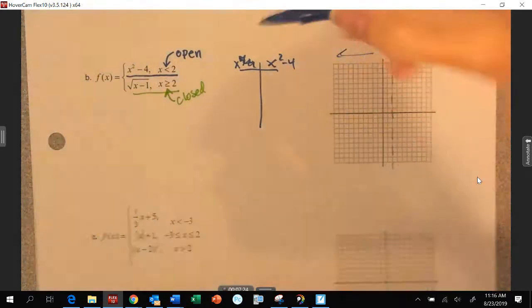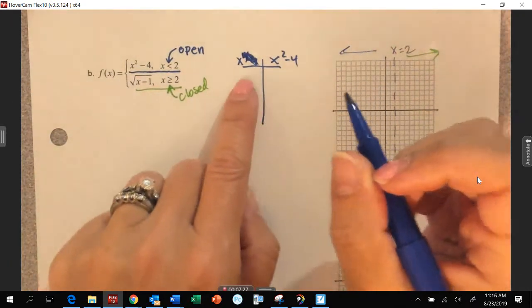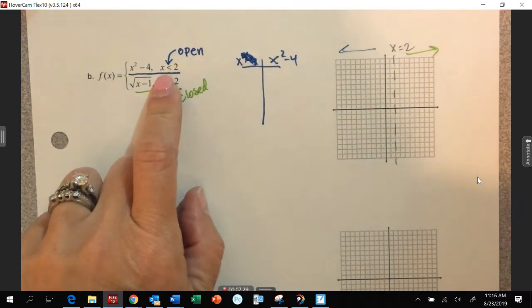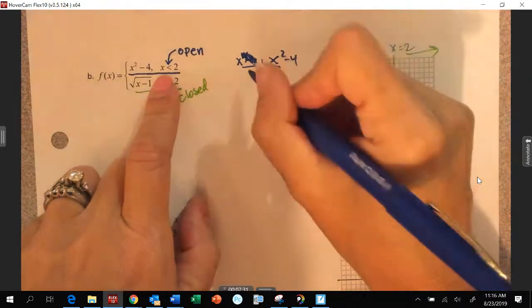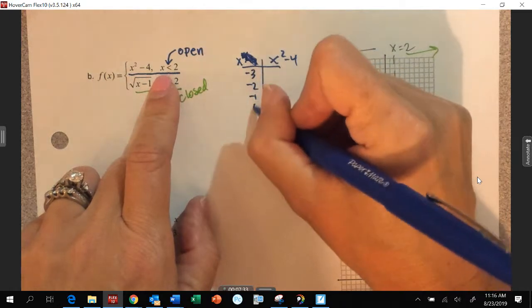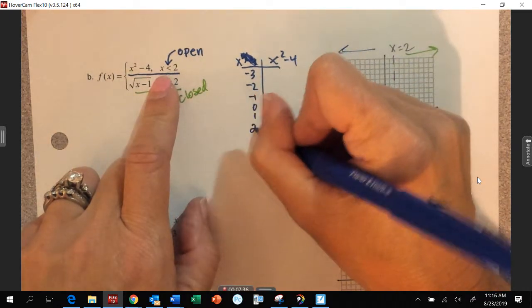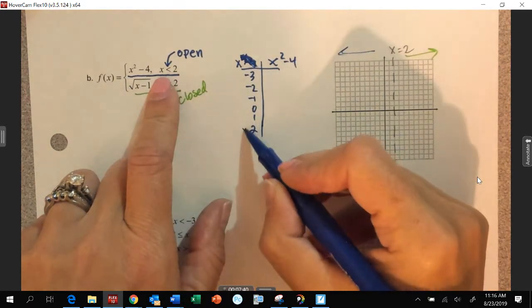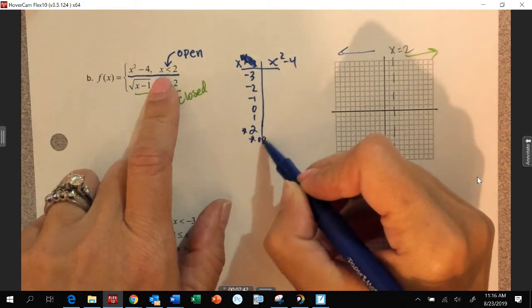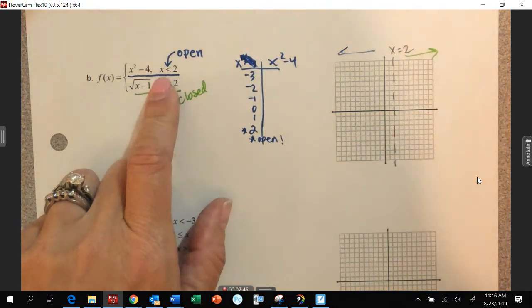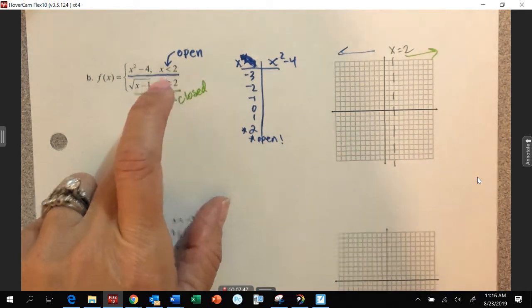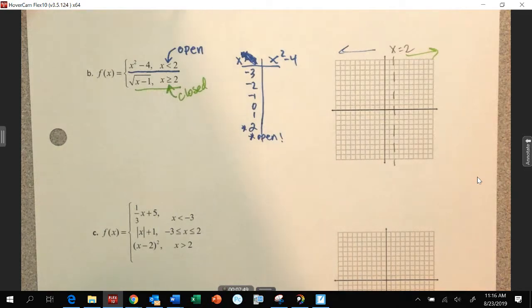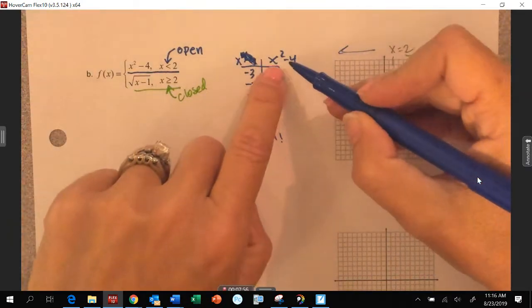Awesome. All right. Anyway, so the x's that I can choose are x's that are less than 2. So maybe I choose -3, -2, -1, 0, 1. Should I choose 2? I actually should. But remember, this guy is going to be open. But I do want to go all the way up to 2 because I'm not going to put 1.999999 in my table. So if I'm making a table, I can just plug these numbers into x squared minus 4.